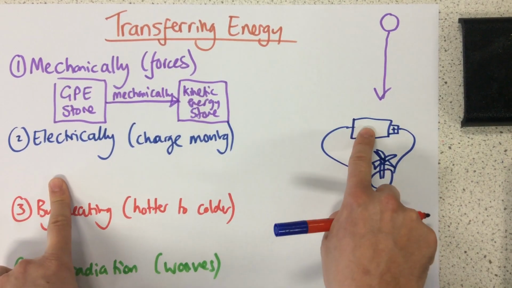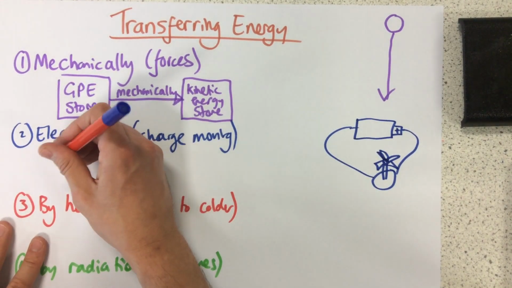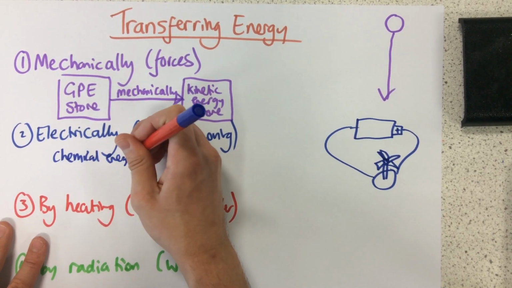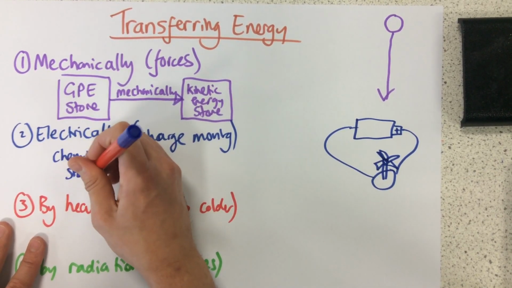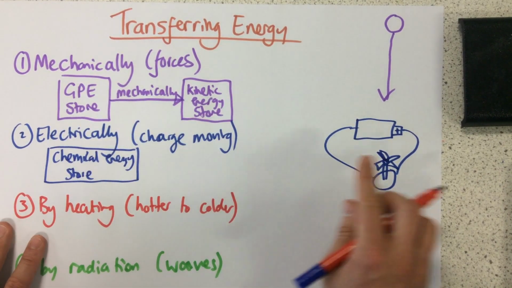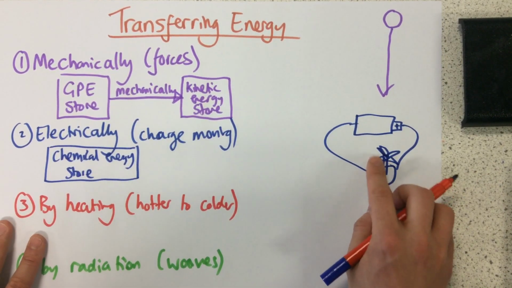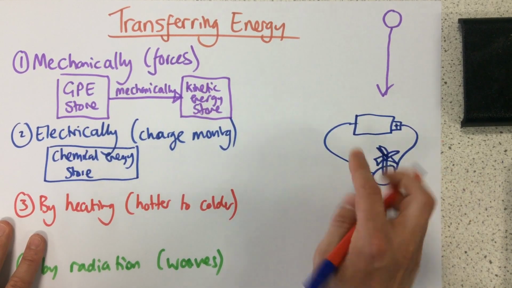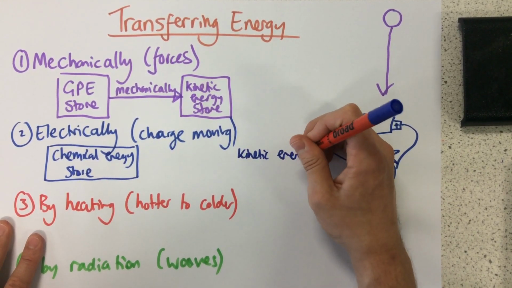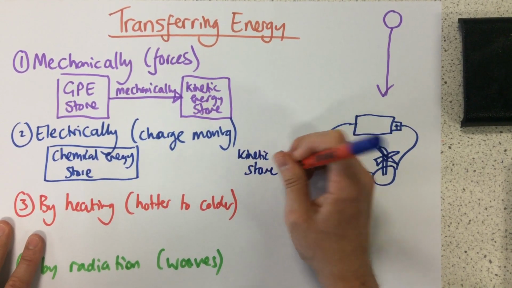So let's again think about the initial store. The starting store is the chemical energy store. Now again, because it's a store, I put it in a box. And I'm thinking, what is my ending store? Again, this fan is going to move around. So I'm going to transfer energy into the kinetic energy store.